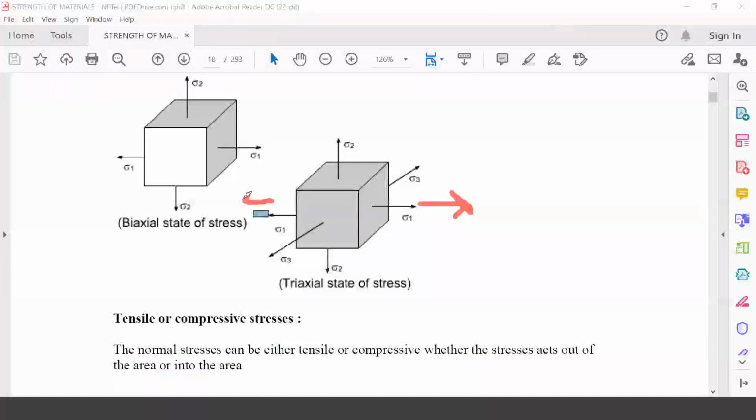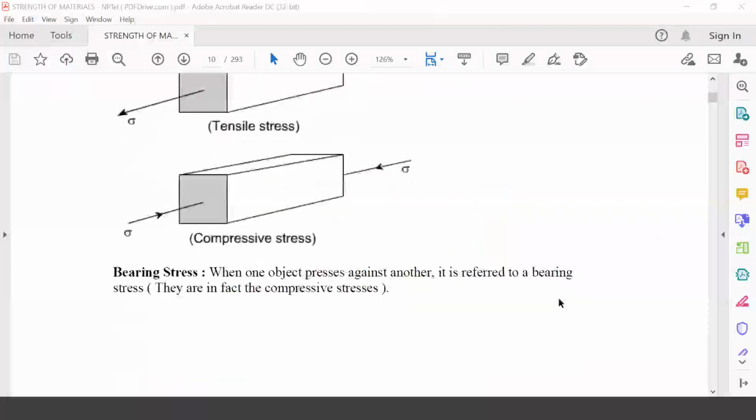Is it possible that tensile compressive stress can be used in the tri-direction stress like XYZ? Obviously. Look, here this one is in this direction, na?